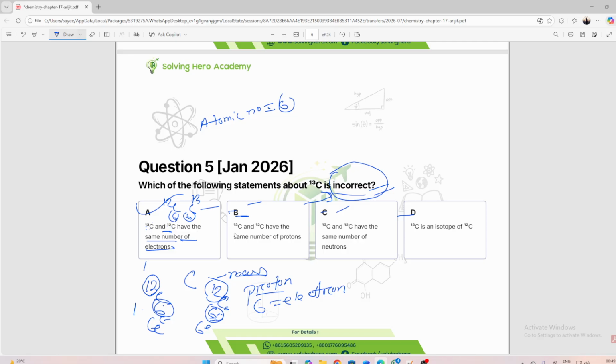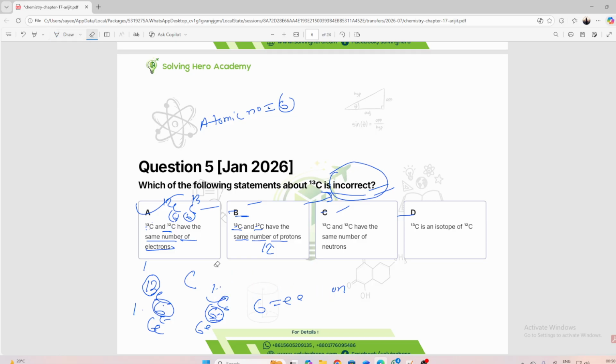Look at this option, 13 carbon, 12 carbon. So this carbon's atomic mass is 13, this carbon's atomic mass is 12. These have the same number of protons. Yes, these have the same number of protons. Sorry, I'm taking some time.